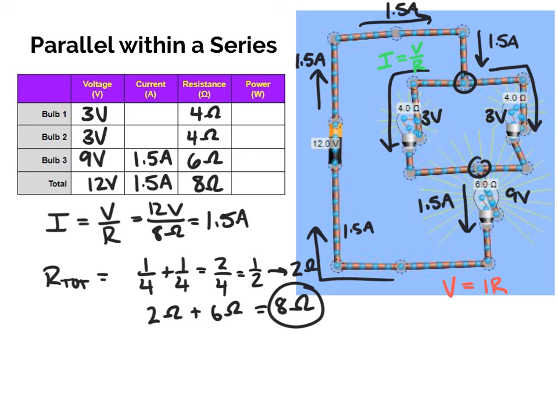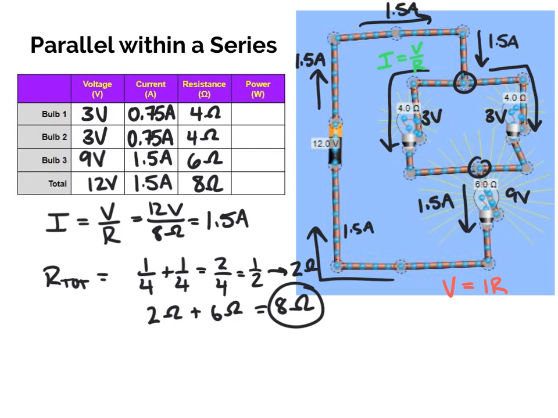And notice here that I have 3 volts, 4 ohms, so 3 divided by 4 will give me 0.75 amps. And it's going to be the same for the other bulb because they have the same resistance and the same voltage. And notice this goes back to what I said before, that because the resistance is even in each branch, that 1.5 is going to split up evenly, 0.75 apiece.